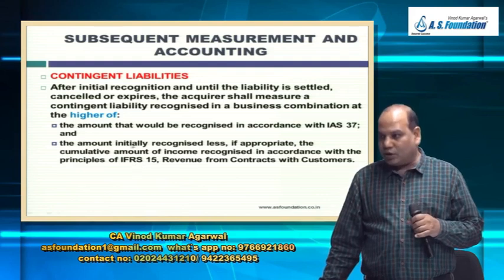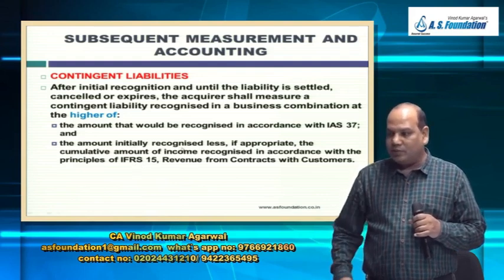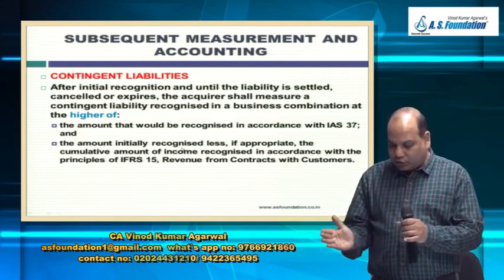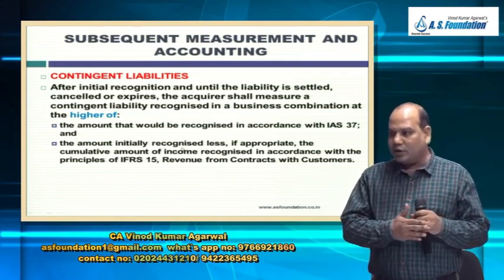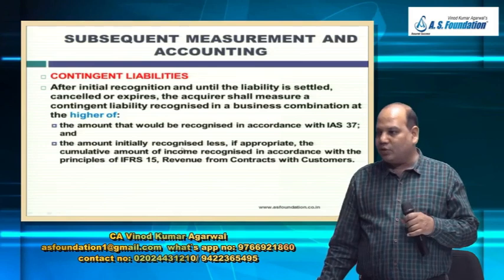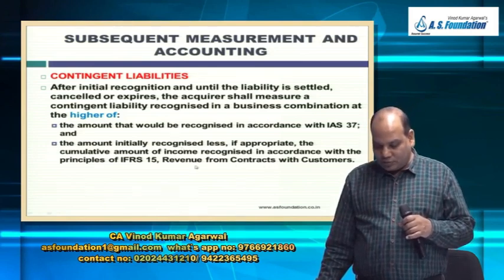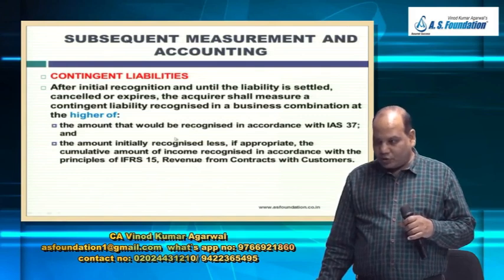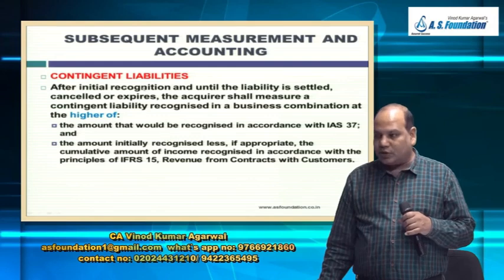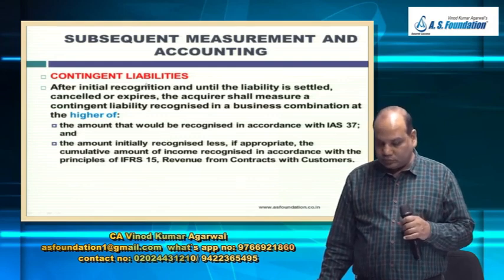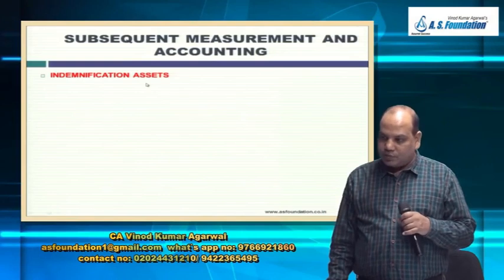So the initial amount recognized minus, if applicable, the amount which has already been recognized as income in the P&L account, that you deduct. You'll get the balance. Compare these two numbers, take the higher of the two, and the higher of the two will be recognized in subsequent accounting. Any difference is transferred to the P&L account.